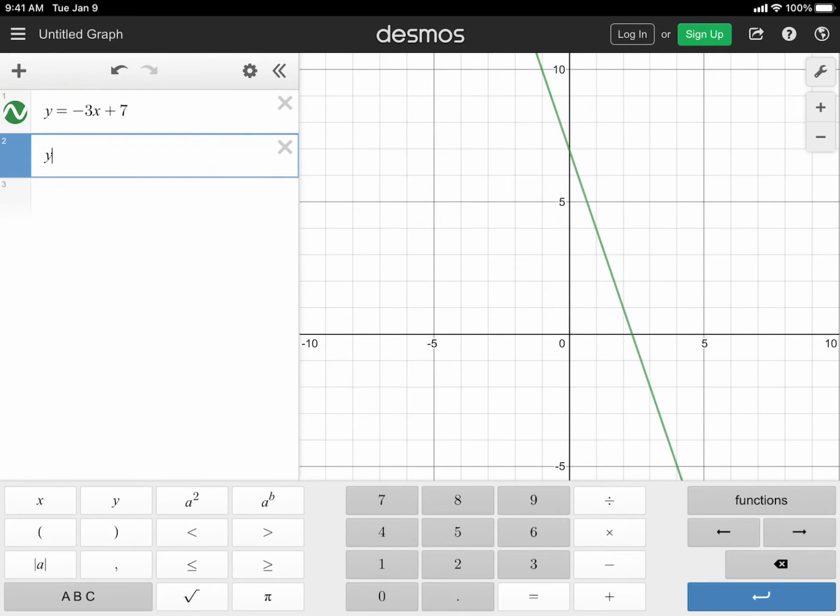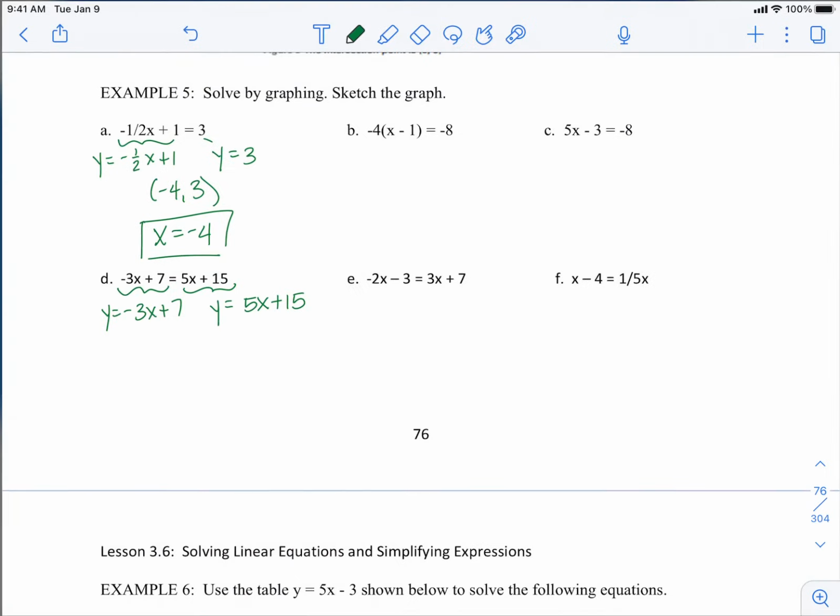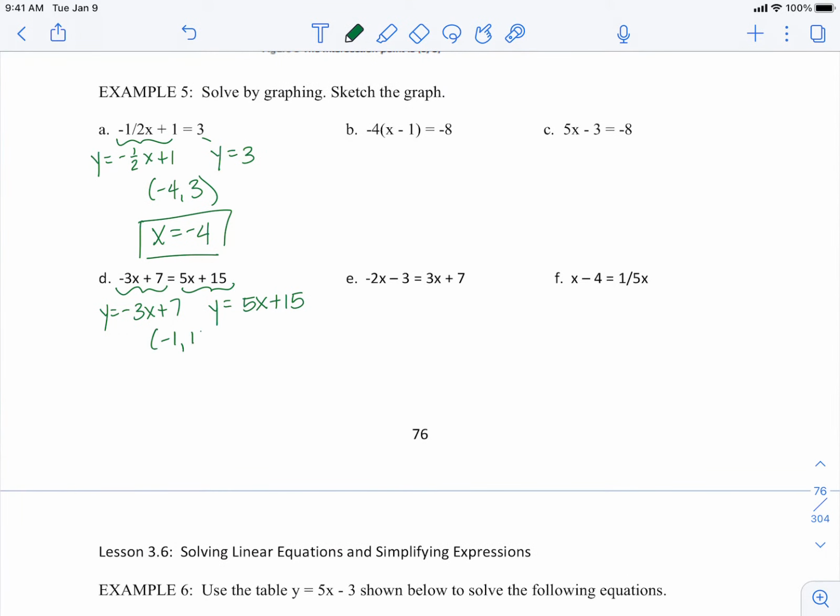The second one, we have y equals 5x plus 15. And so we can see our solution is right here. It's negative 1, 10. And again, our solution is the x-coordinate, so it's negative 1.